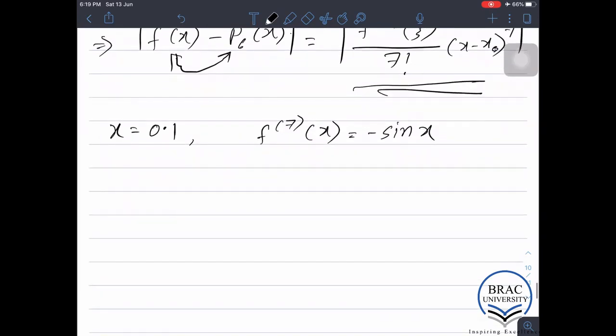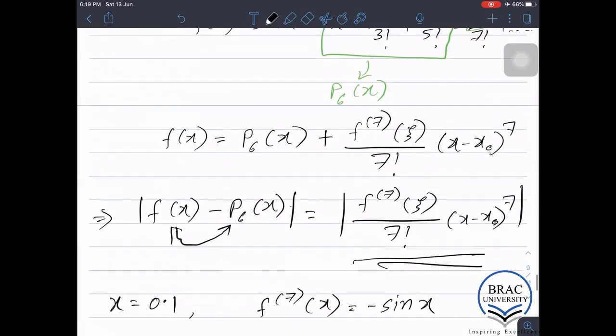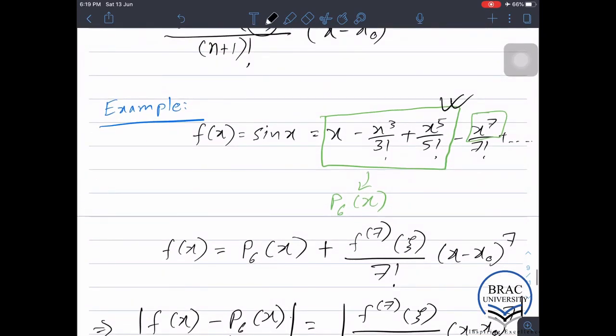Okay, so now what I'm saying is that I want to calculate, and when you expand sine x like this, I guess you know it, my x0 is equal to 0.